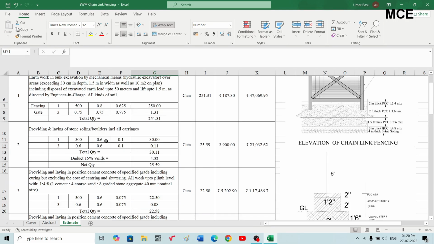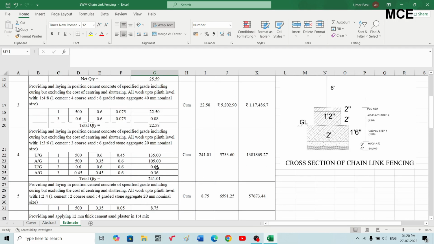Item number 2 is soling, item number 3 is PCC 1:4:8, and the underground part of 1:3:6. The quantity remaining after deducting these 3 quantities, that is underground PCC step plus mudmate plus soling, will be the quantity required to fill the gaps in the trenches.